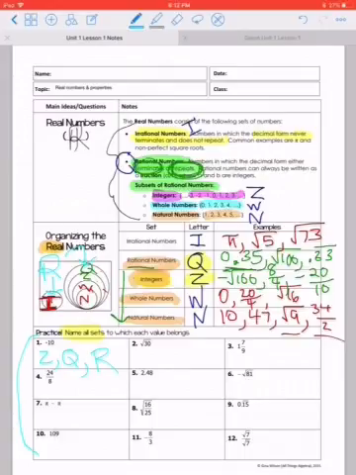Number 4, 24 over 8, you definitely want to simplify that first before you start naming the sets. So that's 3. Okay, and therefore that's a natural number. So it's actually going to be all of the sets of this diagram here and real. Okay, so we are natural, whole, integer, rational, and real. Okay?